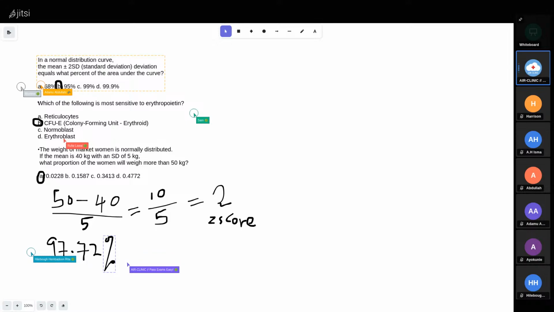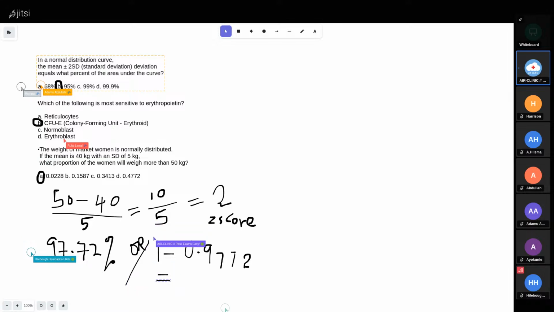So if you want those who weigh more than 50 kg, you just do 100 minus this, or 1 minus 0.9772, which you can do in your calculator.